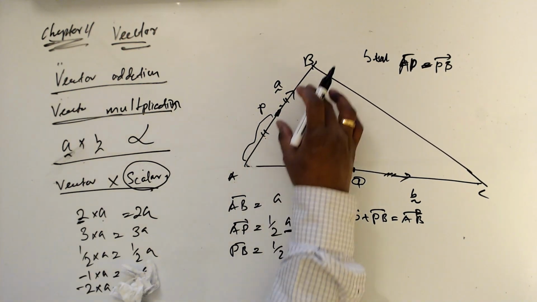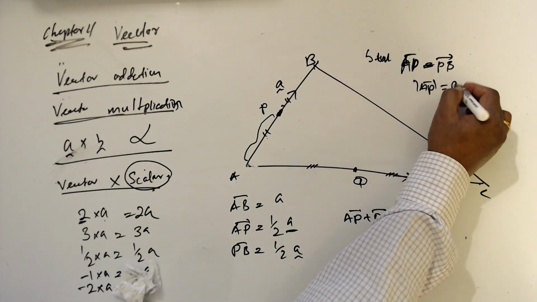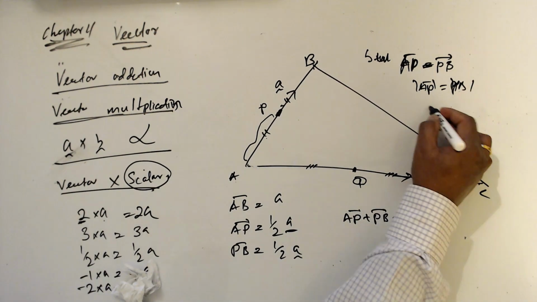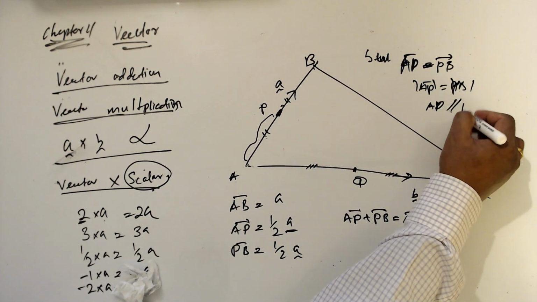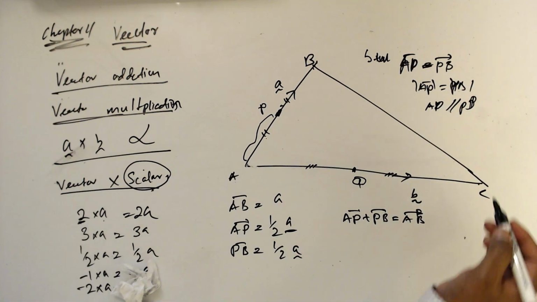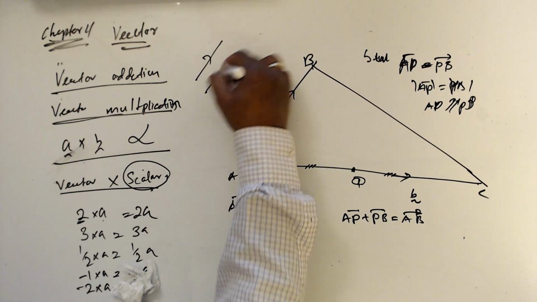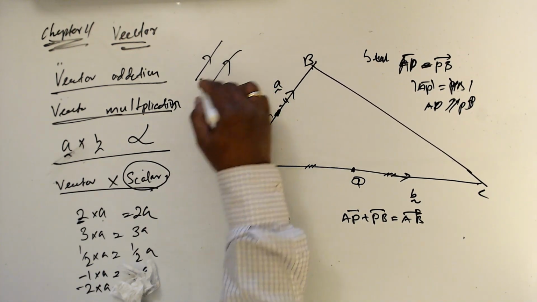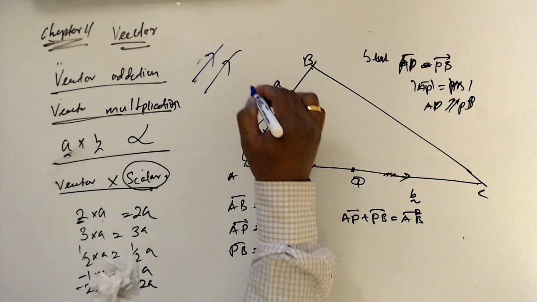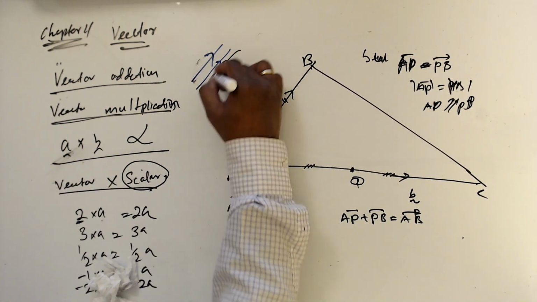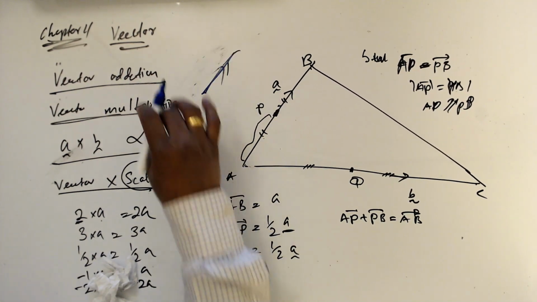So AP and PB are the same size, and AP is parallel to PB, in the same direction. If those two are parallel, this line overlaps with that one, but it is still parallel. It is an overlap but parallel.